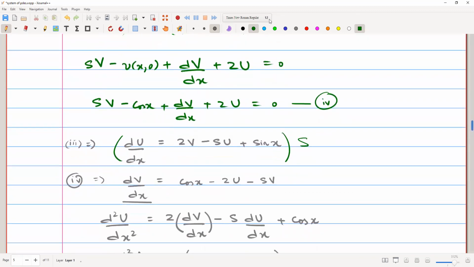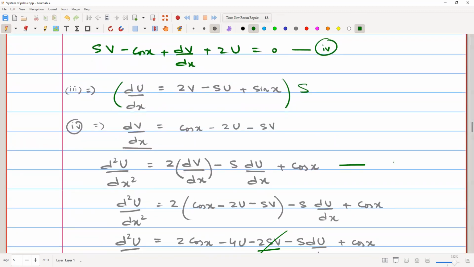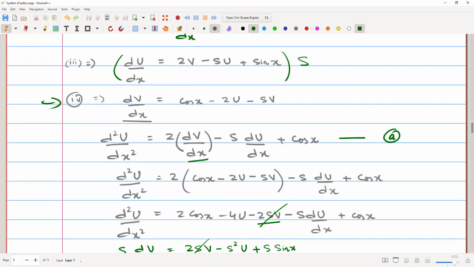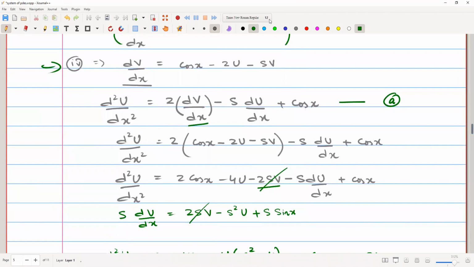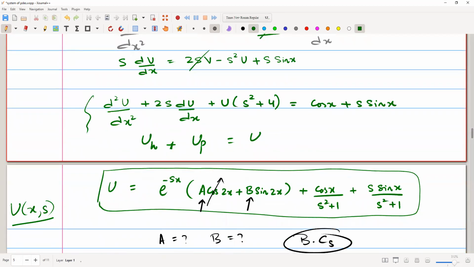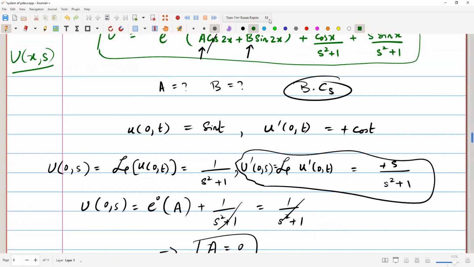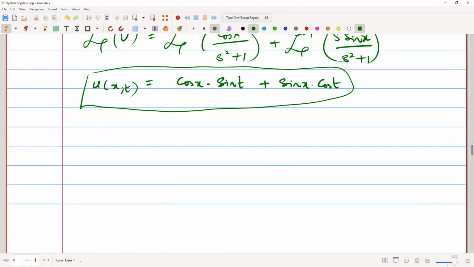So we get this equation here, let's call it equation A. Then we plug in dv over dx from equation number 4, and again we want to get rid of the 2sv, so we added this equation to s times equation number 3. And then we get a simple second order linear non-homogeneous equation with constant coefficients. It's easy to solve, and we apply the boundary conditions and get the desired result, right?